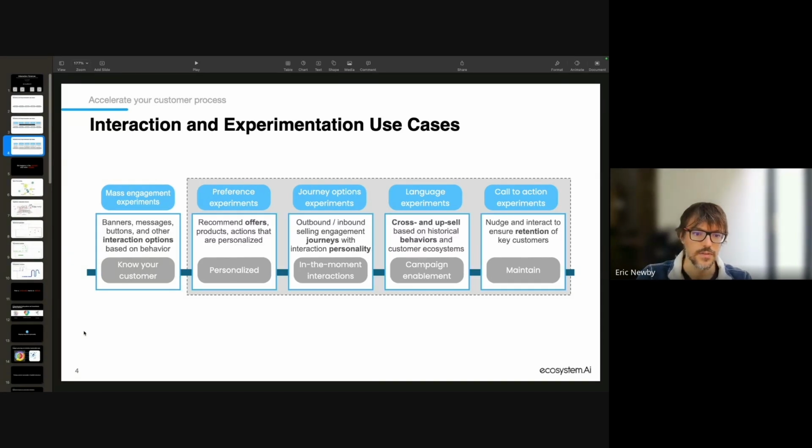In terms of knowing or better understanding your customers, you can run experiments where you vary the interaction options that they have based on how they engage with you. So banners, messages, buttons, the way that you engage with people and learn from how they interact with you.